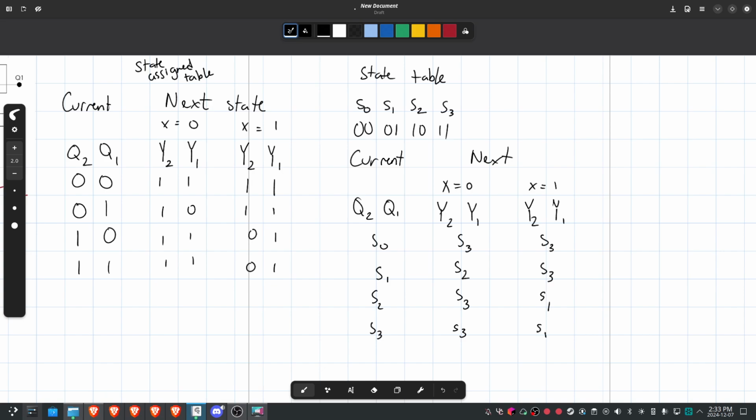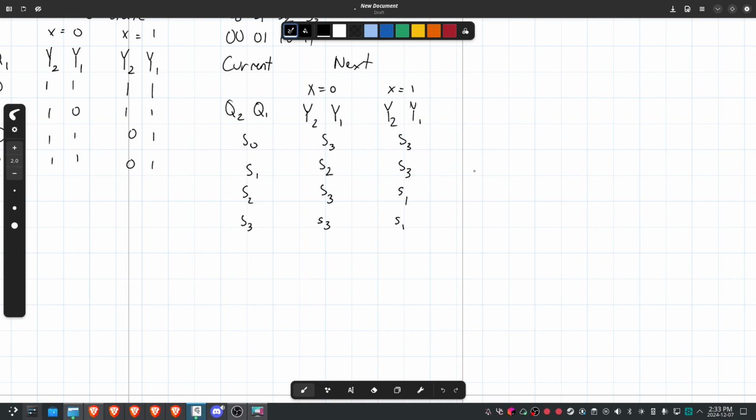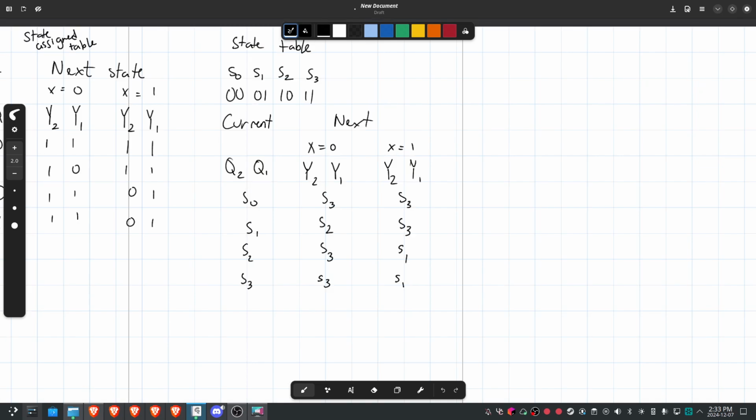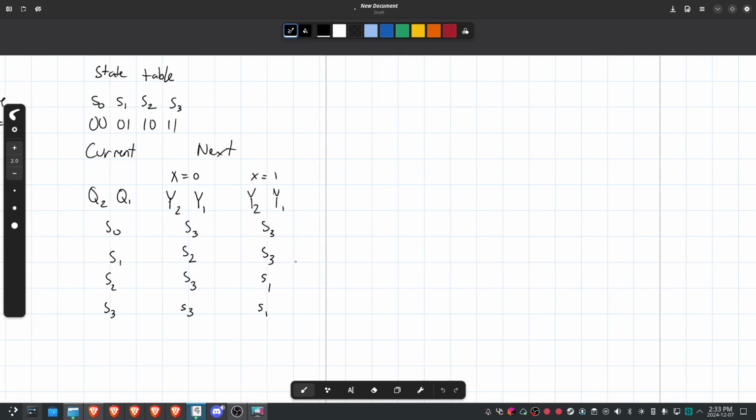One of the notable things you'll see is that it is impossible to return to S0. It is impossible to have any state that will give you S0. All right. And now we can draw the state diagram.